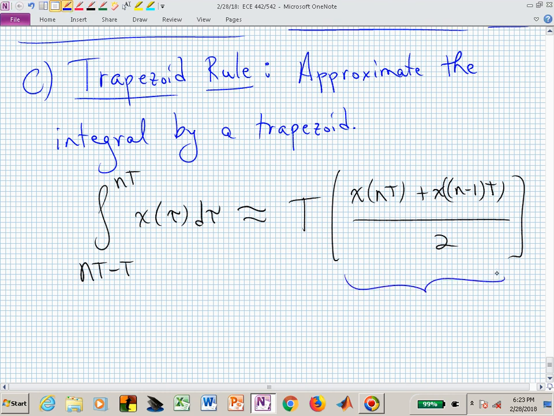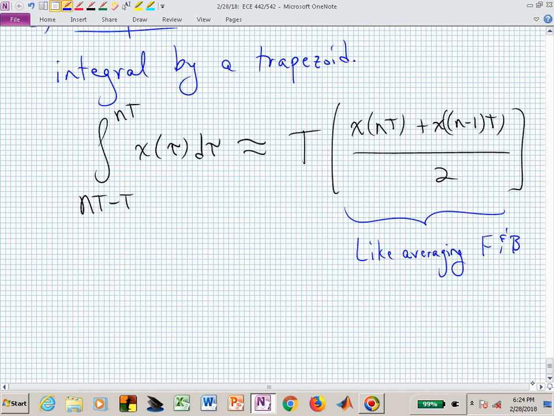And really, you could think of this as like averaging the forward and the backward rules. So if you didn't feel comfortable with the forward rule or the backward rule, now you can say, well, let me do their average. Maybe you like this one. So this is like averaging F and B, forward and backward.